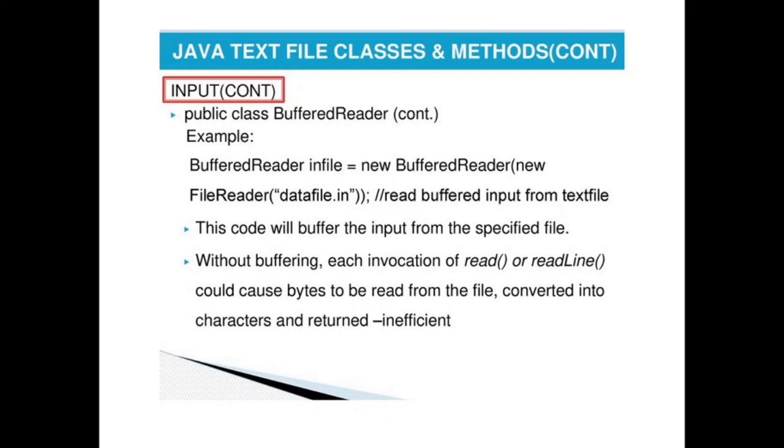This code will buffer the input from the specified file. Without buffering, each invocation of read or readLine could cause bytes to be read from the file, then converted into characters and returned. That is inefficient.